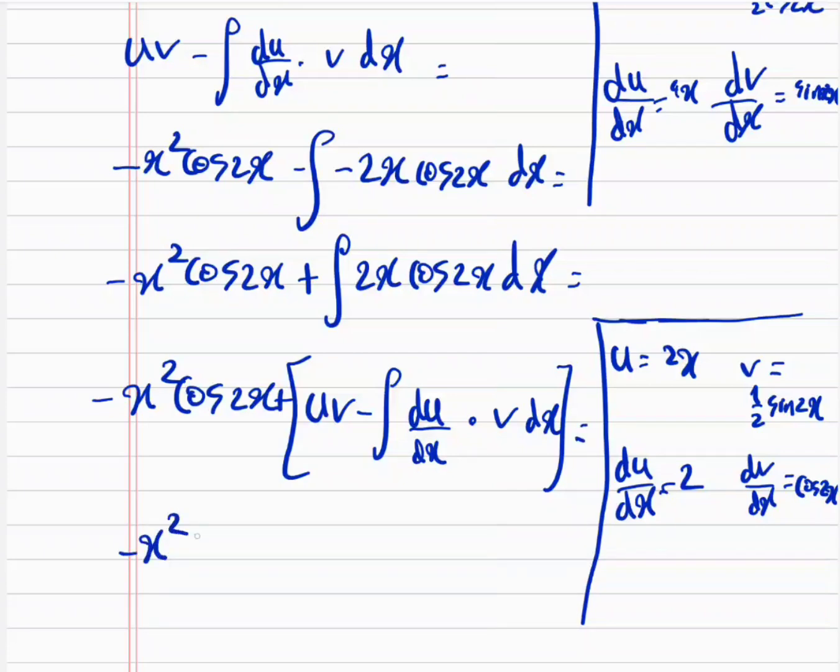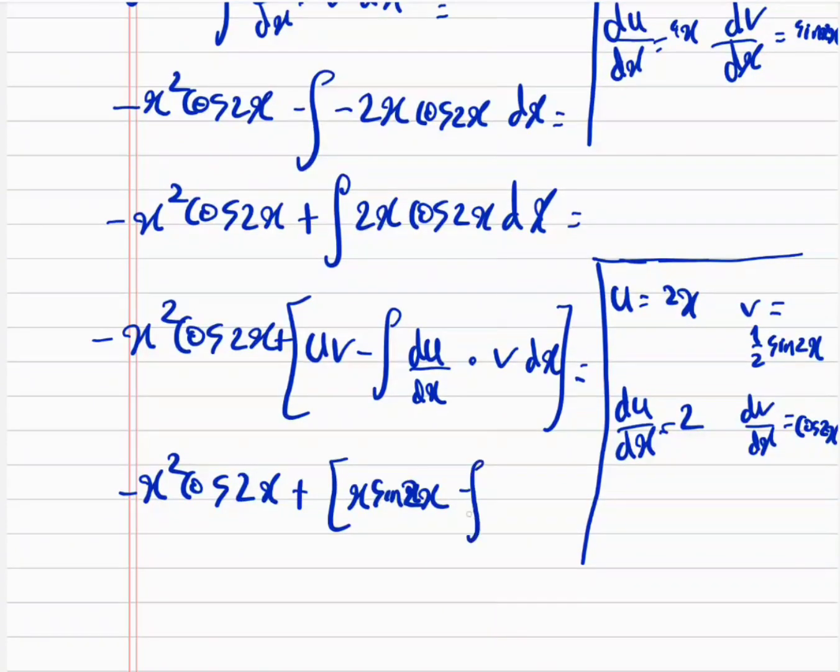So minus x squared cos 2x plus u times v, which is now x sine 2x, and minus, so du by dx is simply 2, and that times v is just sine 2x dx.